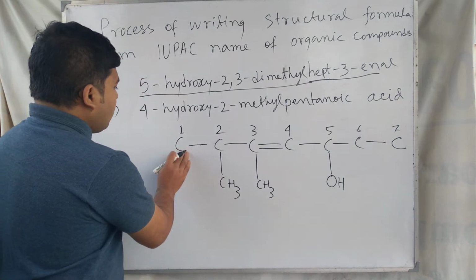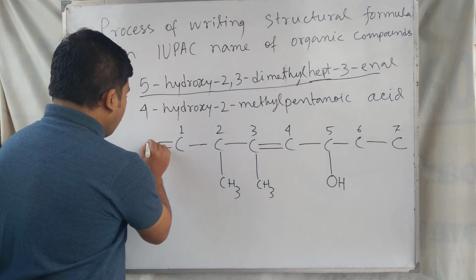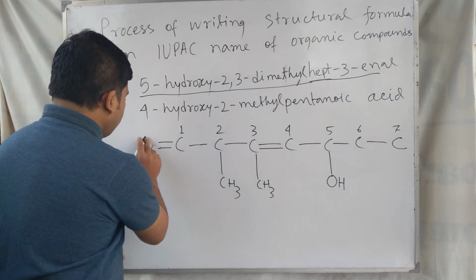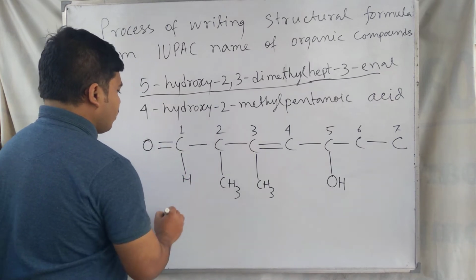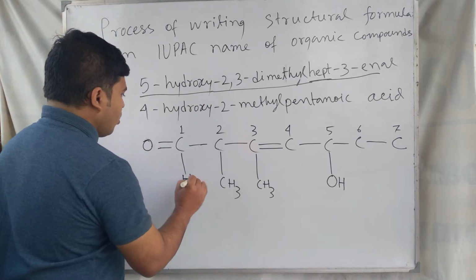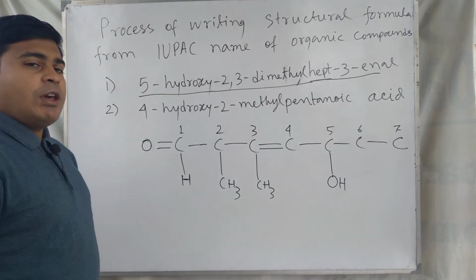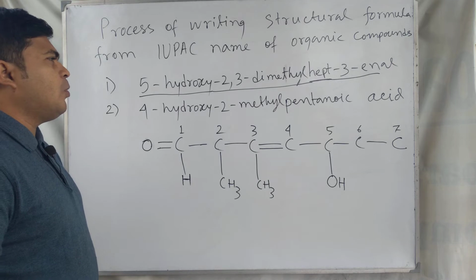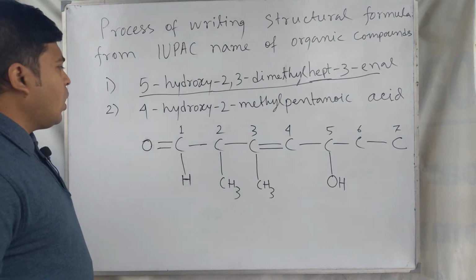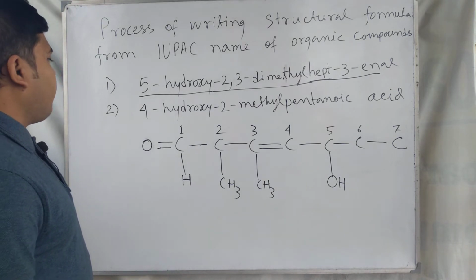In the 1 position we have to write the functional group aldehyde, that is CHO. CHO means al, because for CHO the suffix is al.